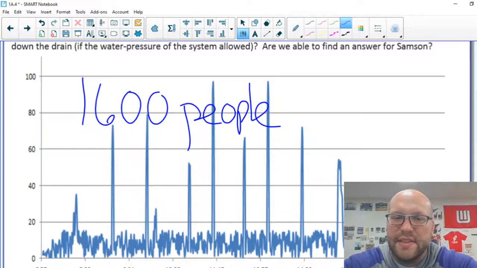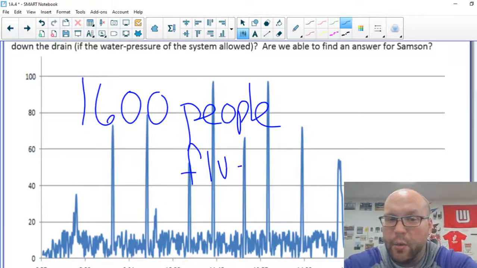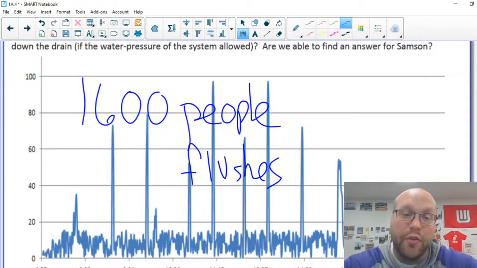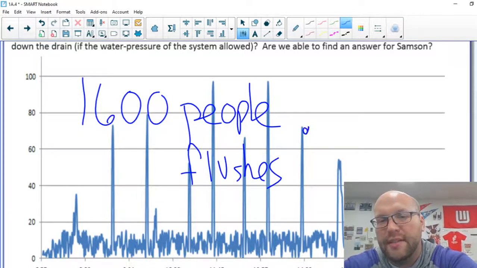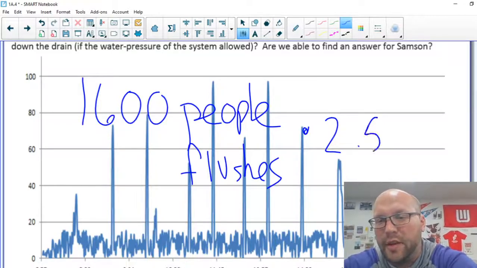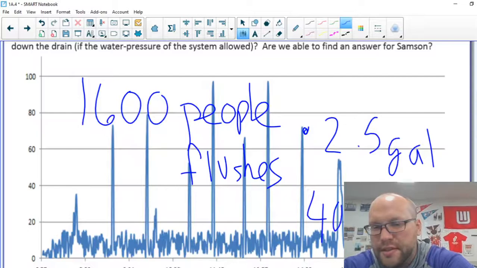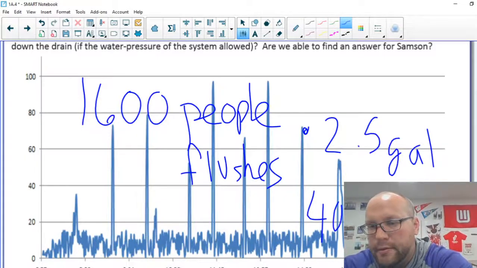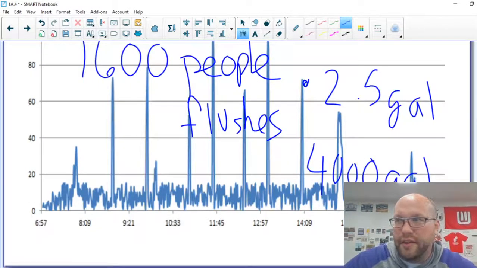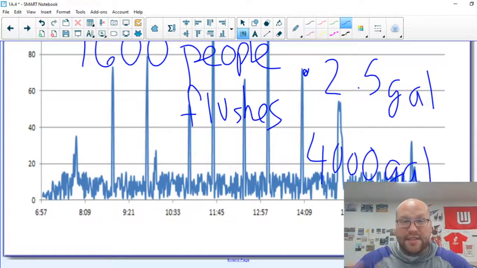So that would also be 1,600 flushes if everybody did it at once. And we knew from the previous slide that there are 2.5 gallons per flush. So just multiply that out, and that comes out to be 4,000 gallons of water total. Again, if that's even possible, because all kinds of water would be flushing through the system.